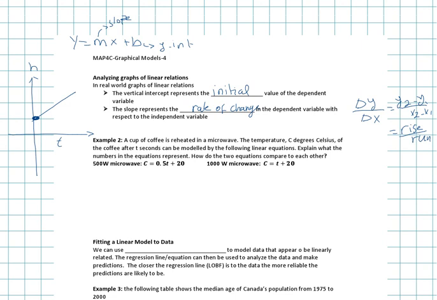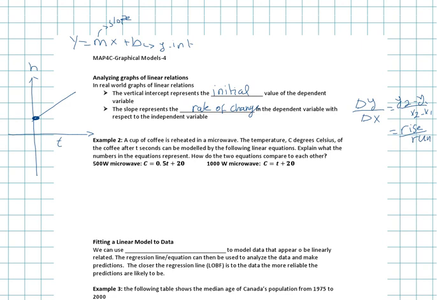Explain what the numbers in the equation represent. How do the two equations compare to each other? So if I heat it in a 500 watt microwave, the equation is C, so that's the coffee temperature, equals 0.5T plus 20.